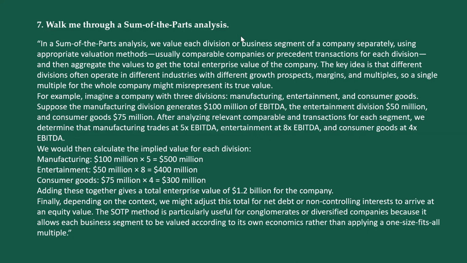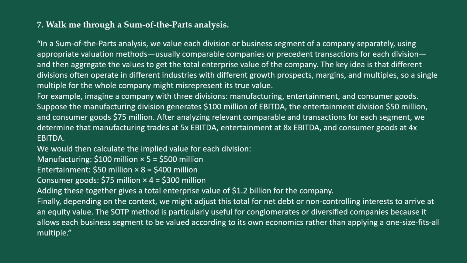If we think about the steps involved in sum of the parts, first we will identify the segments, meaning identifying all the divisions or business units that are materially different in terms of industry, growth, and margins.